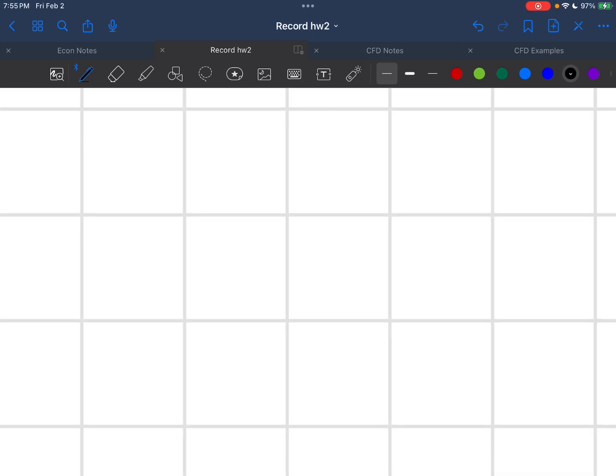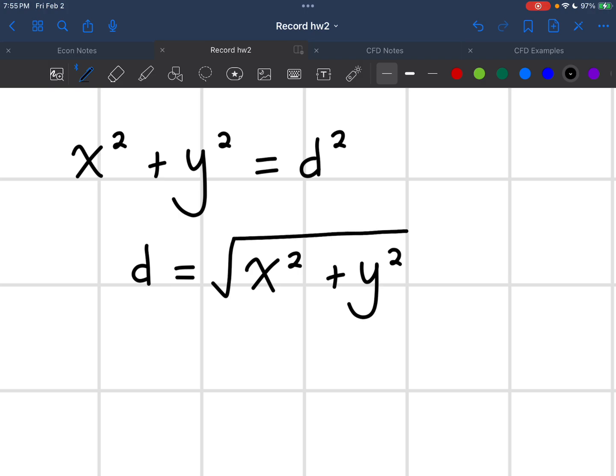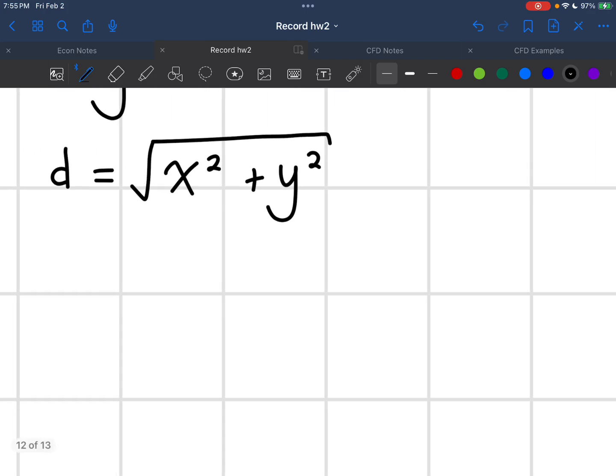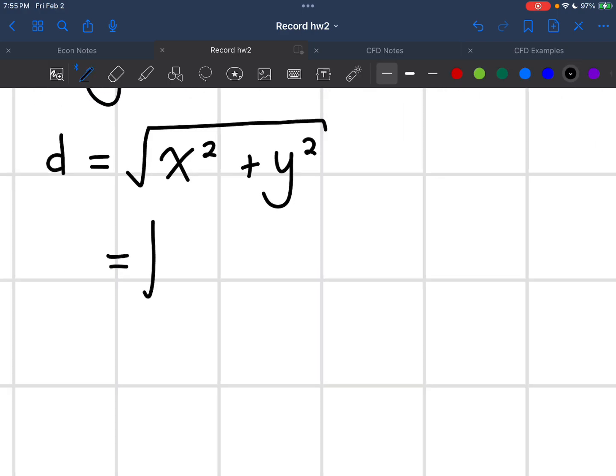So if I set up my Pythagorean theorem, I know x squared plus y squared equals d squared. So if I'm solving for d, I just have to take the square root of both sides. So d will be the square root of x squared plus y squared. And I can plug in the expression that I found for x and for y.